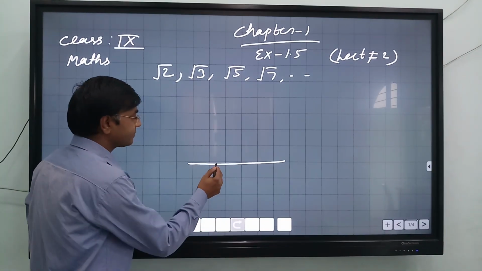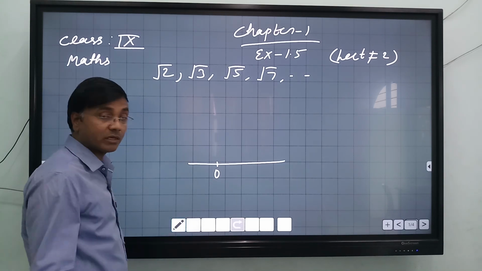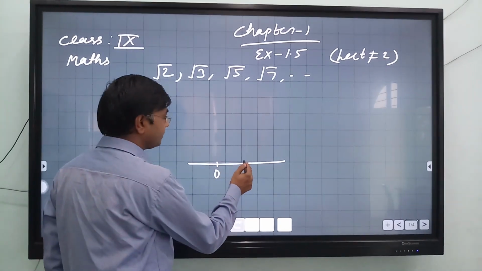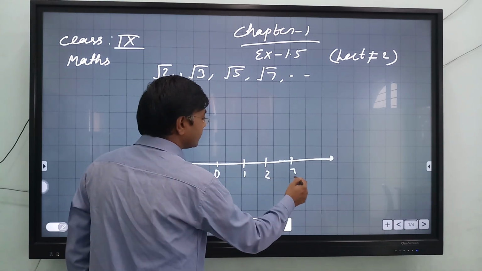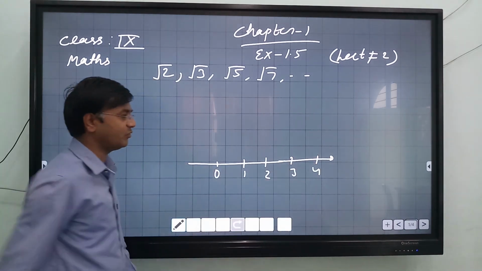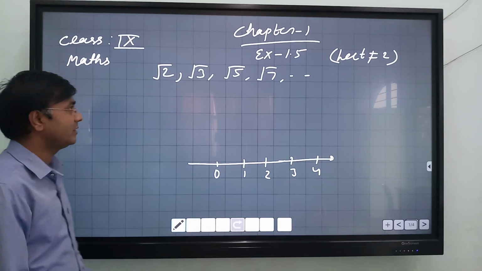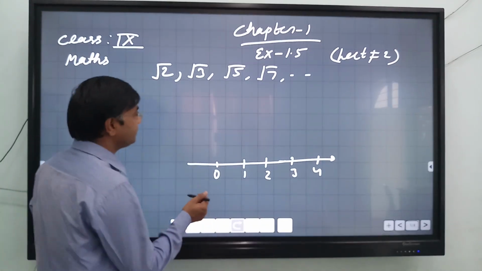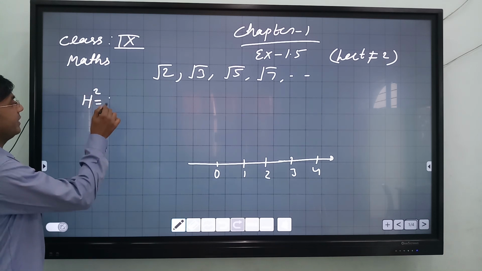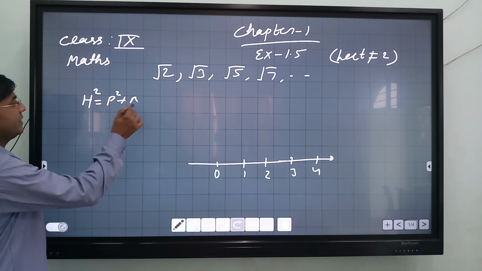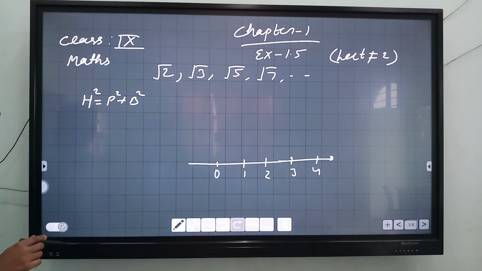Draw a number line and mark the numbers like 0, 1, 2, 3, 4 and so on. If we need, we can extend this number line. We are going to use the Pythagoras theorem in this question, that is h square equals p square plus b square.